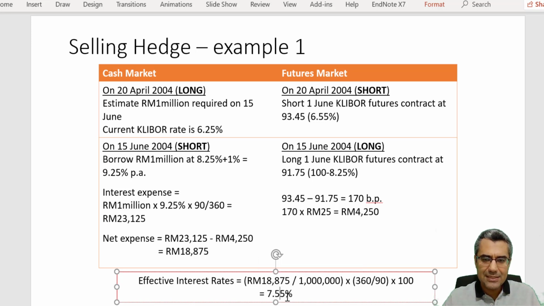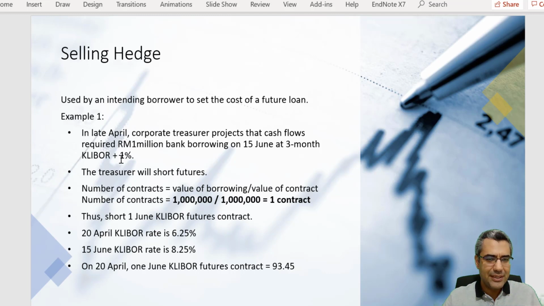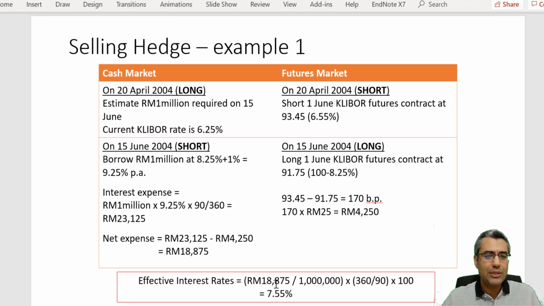This means you could borrow at 7.55%. And the interesting thing is that it's 6.55 plus 1%, right? You remember here, you were supposed to borrow at KLIBOR plus 1%. So actually, although the interest rate increased, although you borrowed at 9.25% in June, the effective interest rate you paid was not 9.25%, it was 7.55.